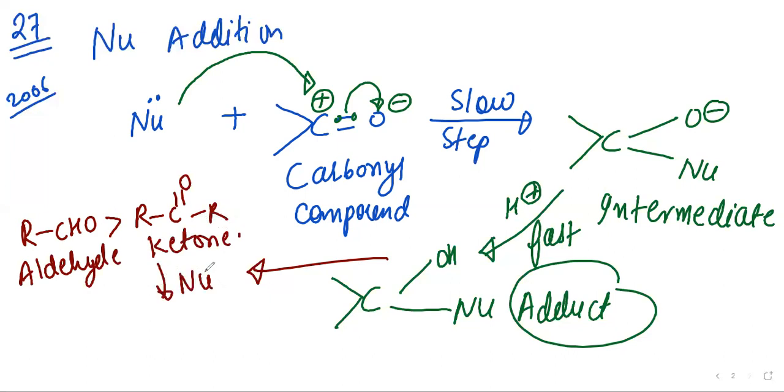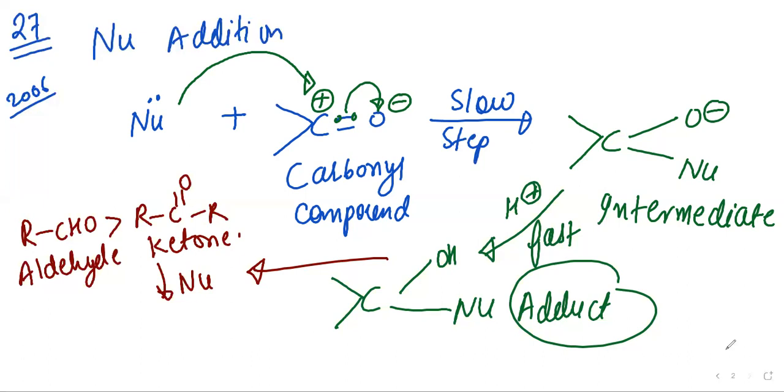Nu means nucleophile. The addition of nucleophile is based upon the positive charge present on the carbon atom. In a ketone there are two alkyl groups, which have a plus R effect that decreases the positive charge, therefore making the attack of nucleophile difficult, right?